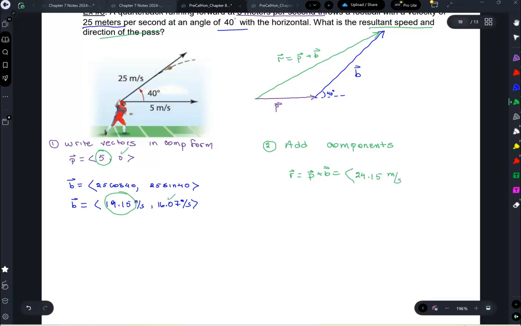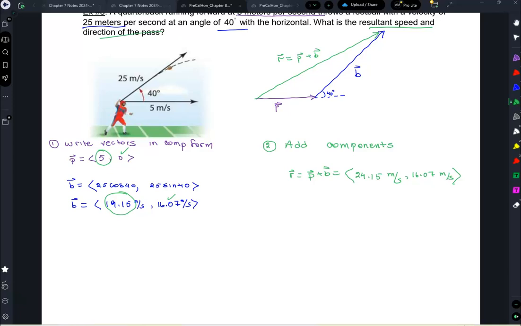And then the second with the second, 16.07. Right. So that is the component form of this. This vector is going 24 this way, 16 that way. Okay?